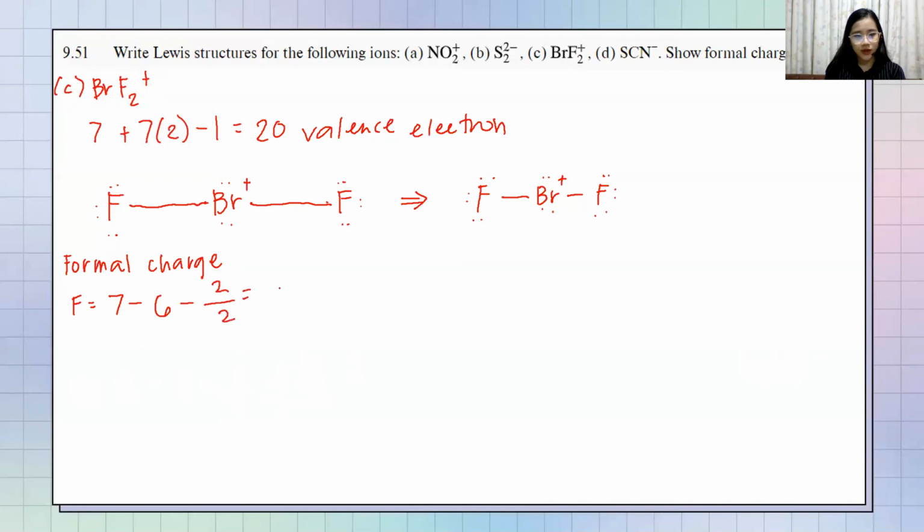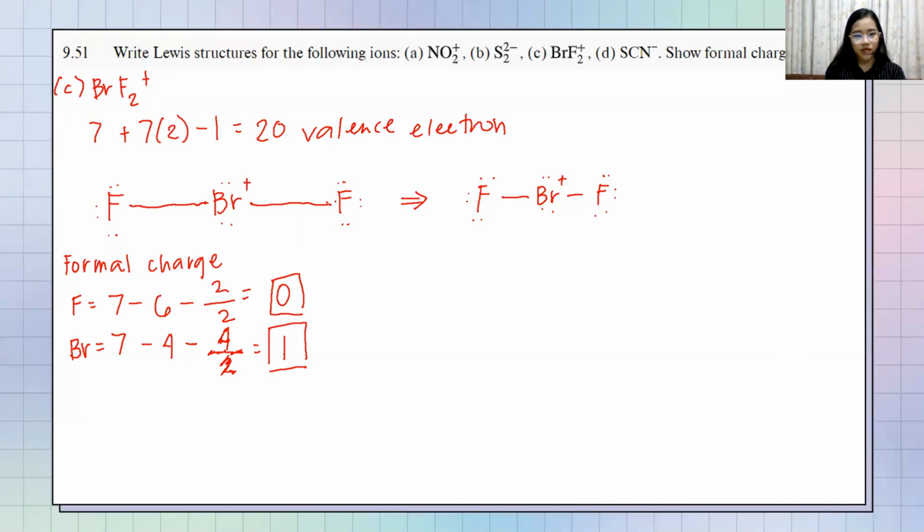So that is 0. So you have here the center, bromine, again has 7 valence electrons, and non-bonding 1, 2, 3, 4, 4 non-bonding electrons minus 4 bonding electrons over 2. So that is 1.